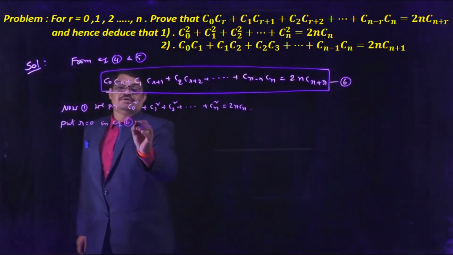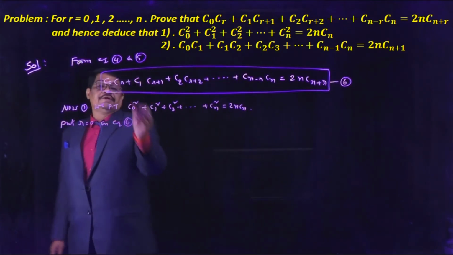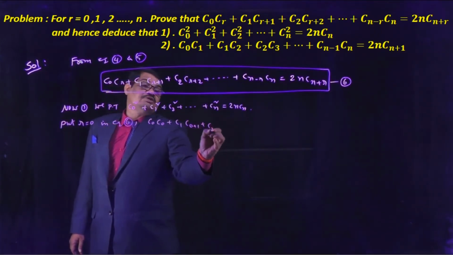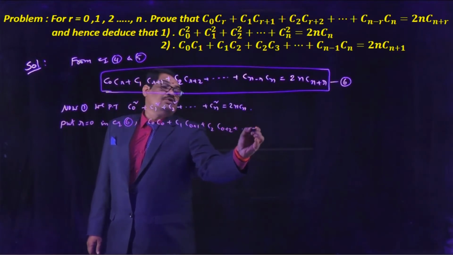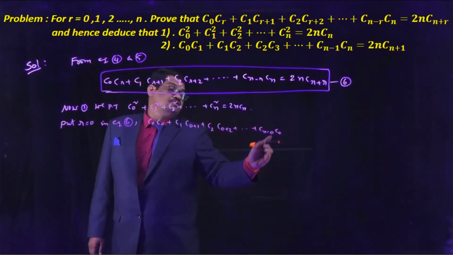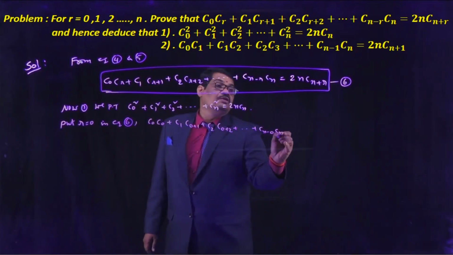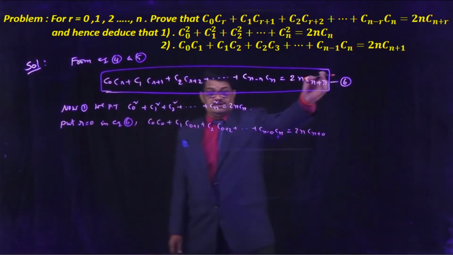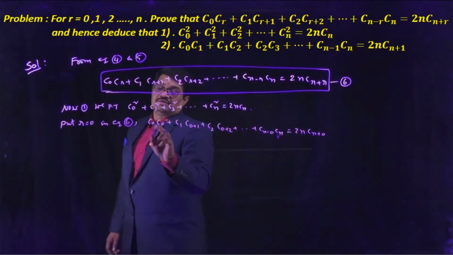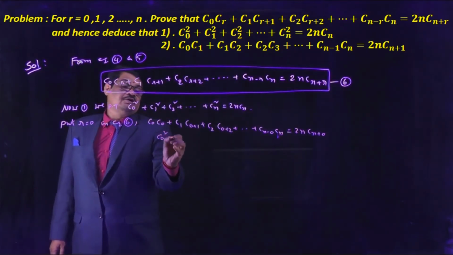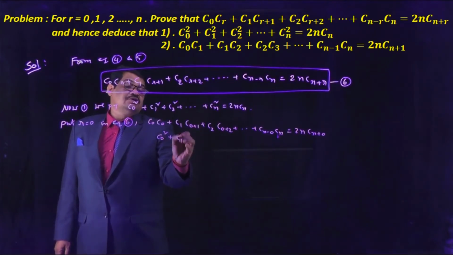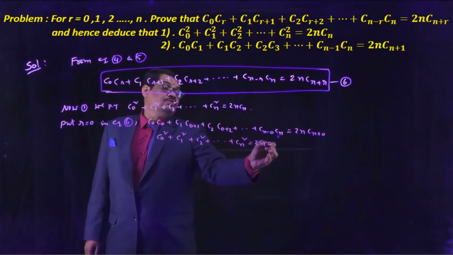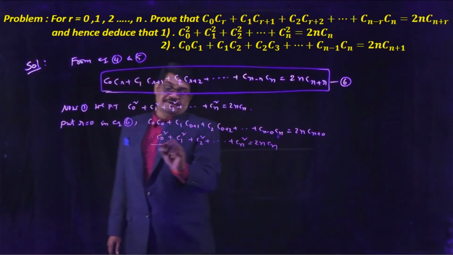Then we are getting C0 into C0 plus C1 C0+1 plus C2 C0+2 and so on, plus Cn-0 into Cn, equal to 2nCn+0. Putting r equal to 0 in equation 6, here C0 into C0 is C0 square, C1 C0+1 is C1 square, we are getting C2 square and so on, Cn square is equal to 2nCn. This is the first result.